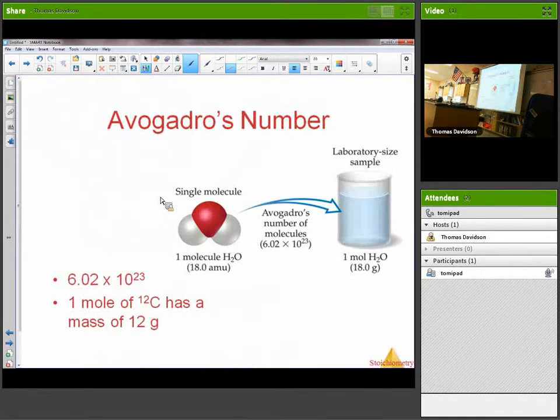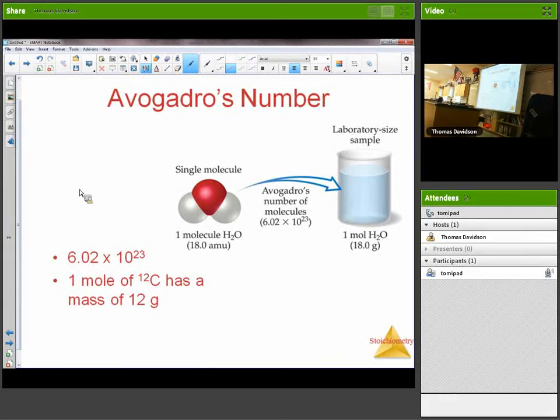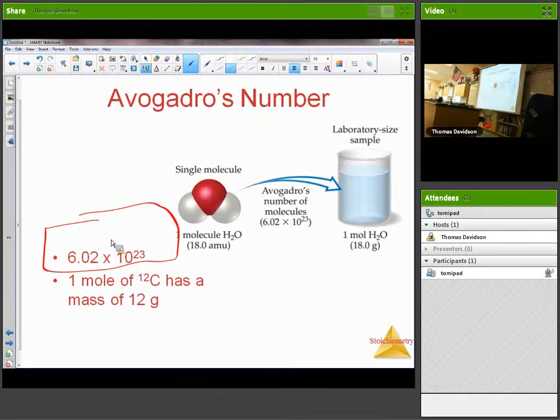Next up, Avogadro's number. Avogadro discovered this number by working with gases. He found that a mole of something, always related to the periodic table, in gases always occupied the same space.